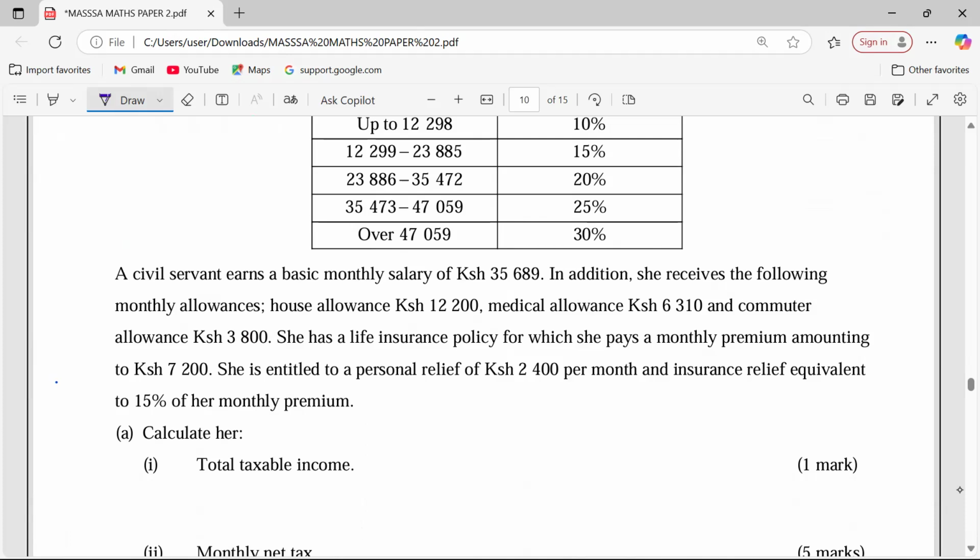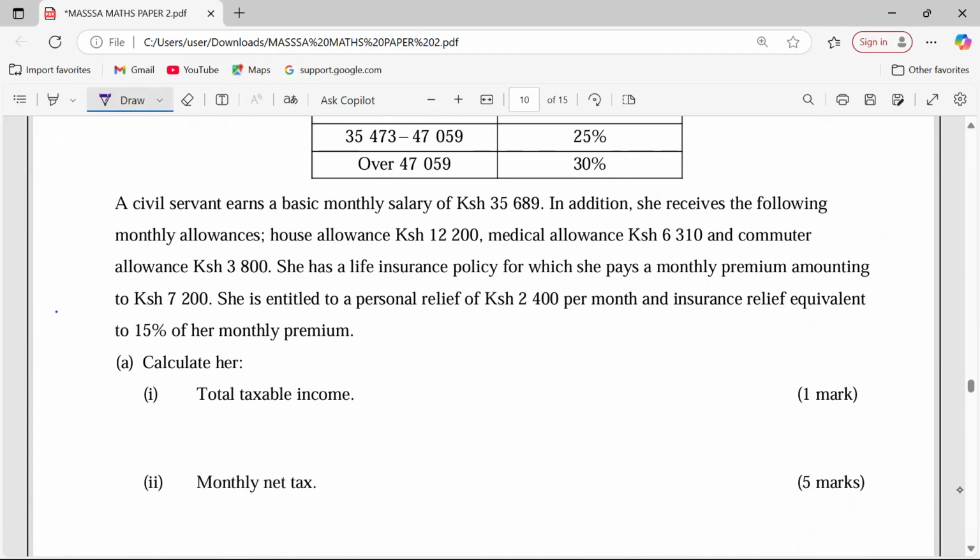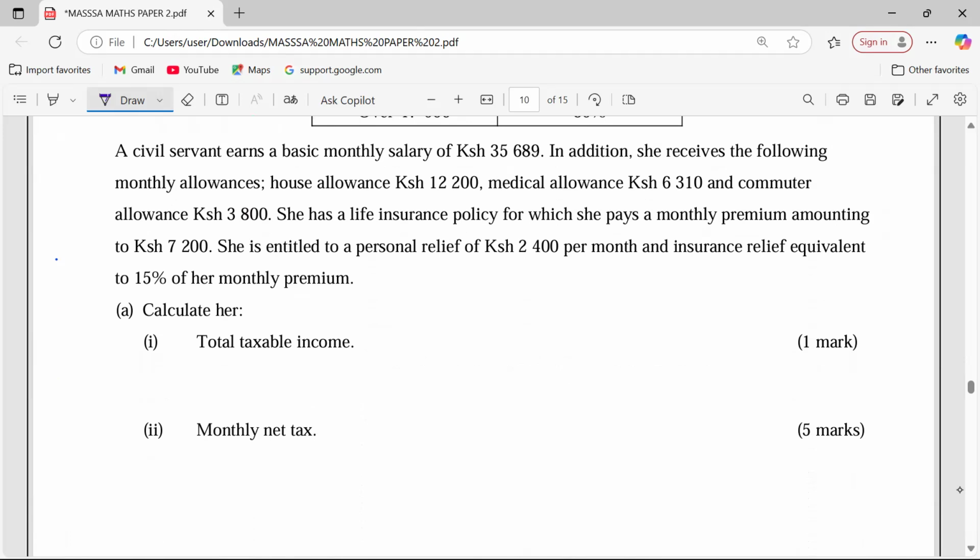She has a life insurance policy for which she pays a monthly premium amounting to 7,200 Kenya shillings. She is entitled to a personal relief of 2,400 Kenya shillings per month and insurance relief equivalent to 15% of her monthly premium. Calculate part 1, taxable income, and part 2, monthly net tax.